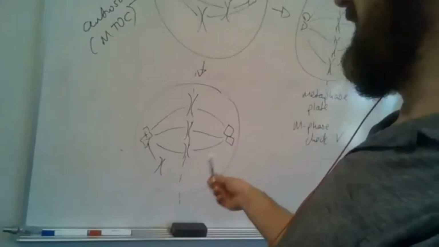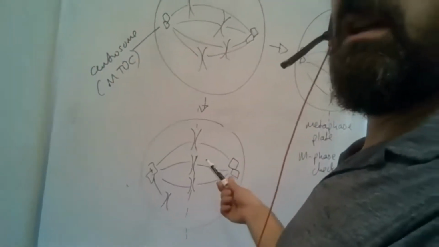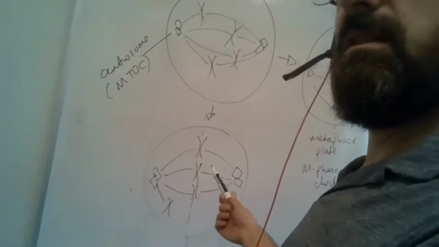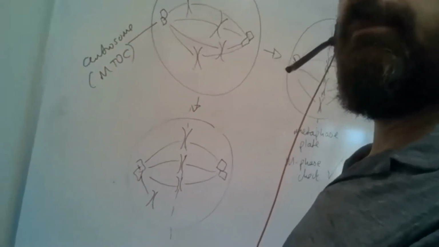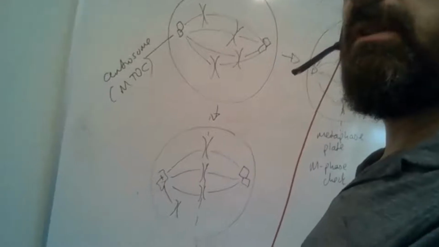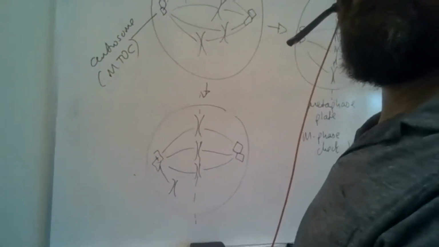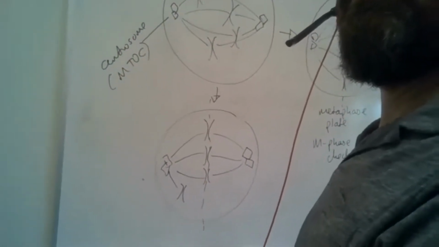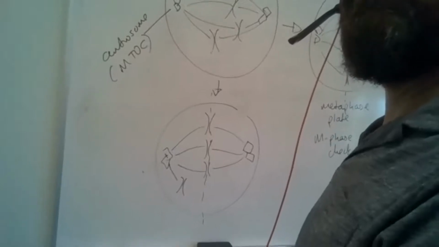What would happen if this cell was allowed to go through M phase and finish dividing? What would the result be in terms of the two daughter cells? What's the consequence of that?